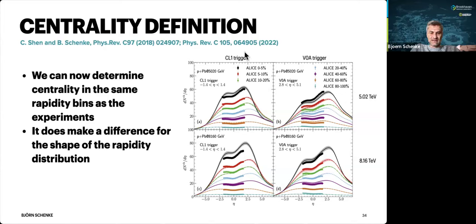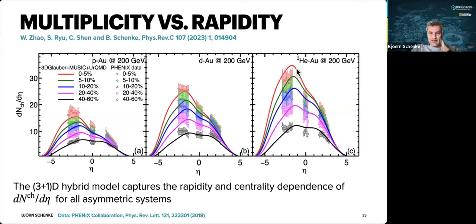So let's look more closely at these rapidity distributions. When we tuned all the parameters of the rapidity laws, etc., we get multiplicity distributions as a function of rapidity in the 3 different systems. The 3 plots are proton-gold, deuteron-gold, helium-3-gold, and we look at different centralities.